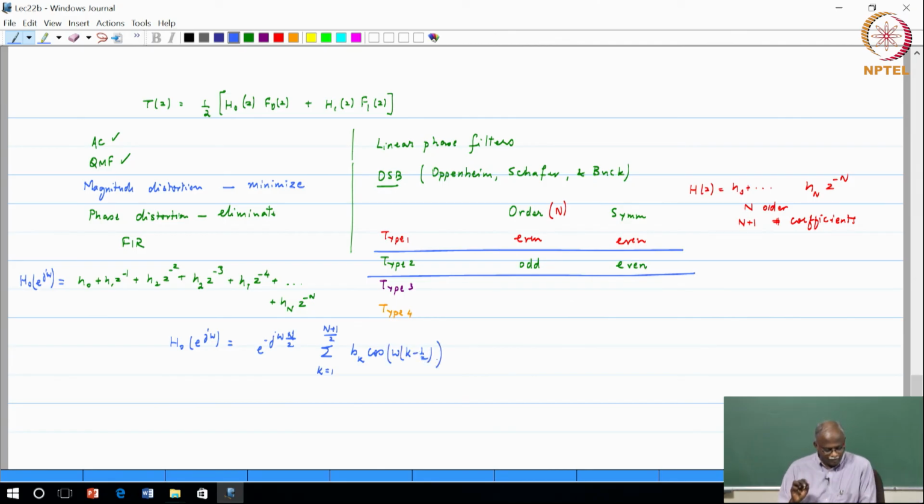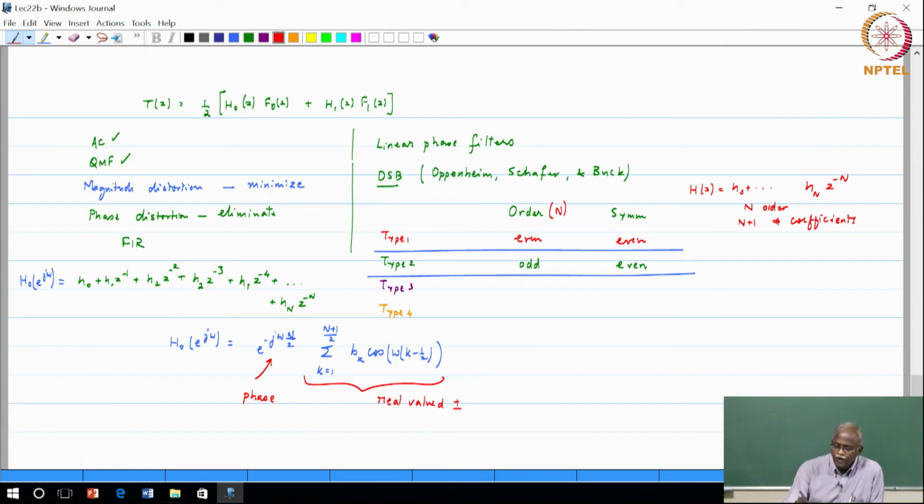Okay. What is important for us is that this is a real valued function. It may be positive or negative, because it's a sum of cosine terms that are getting added. So all the phase term is captured here, and there may be a plus pi if the real valued function turns out to be negative.